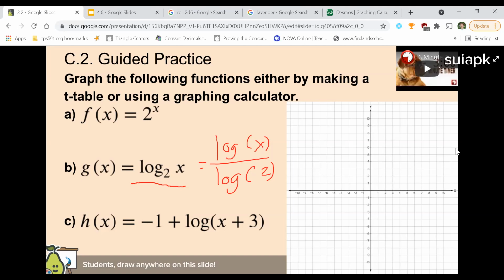We want to do subscript 2. Log base 2 of X. There you go. Good.